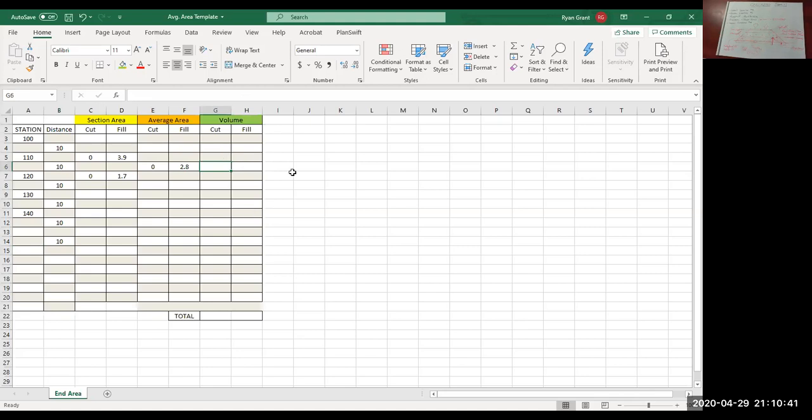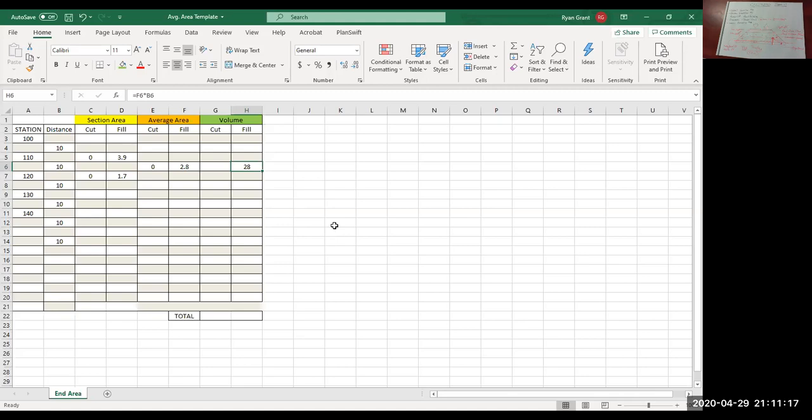I'll do fill first again. It's a simple calculation: average end area fill times the distance between those two sections. So what this tells you is that from station 0 plus 110 up to station 0 plus 120, we've calculated a fill volume of 28 cubic meters.